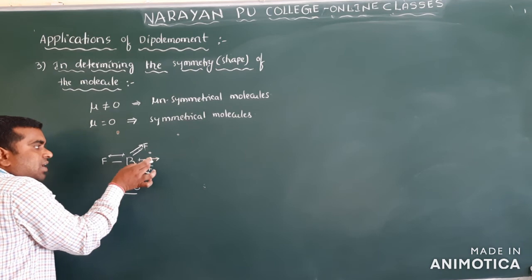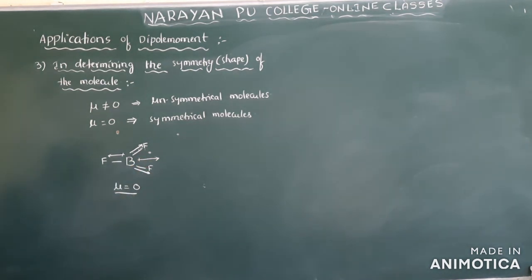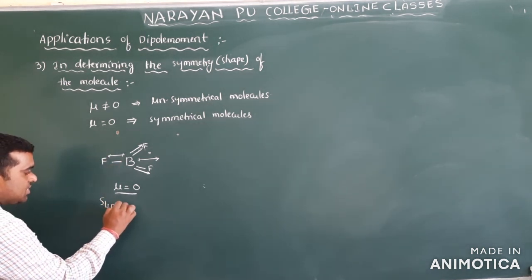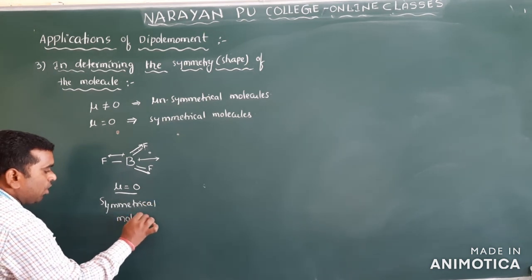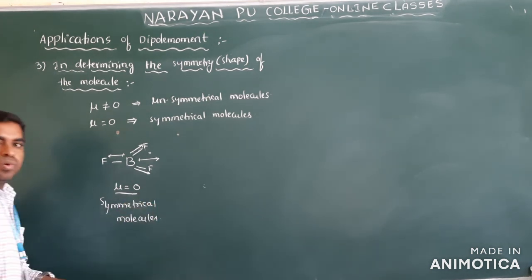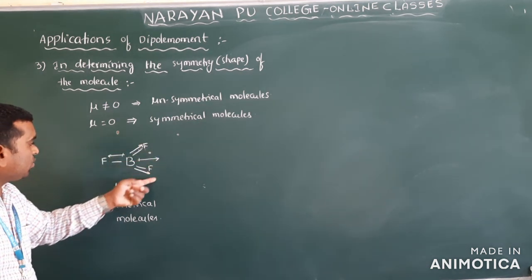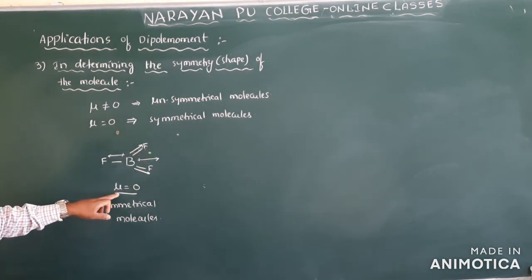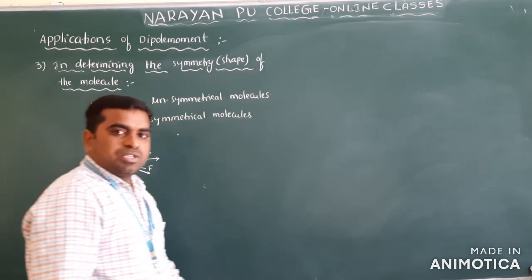Opposite direction, same magnitude, so the resultant dipole moment will be 0. Symmetrical molecules are those in which the central atom is attached to the same type of atoms and the dipole moment is 0.